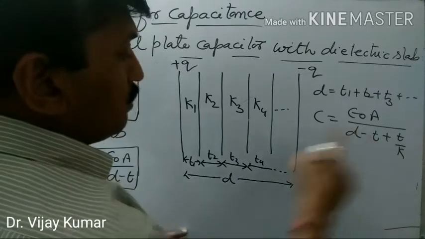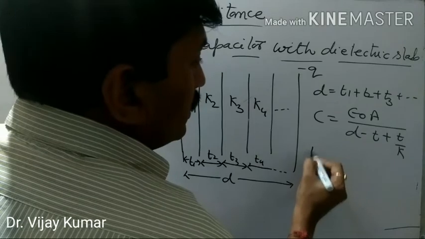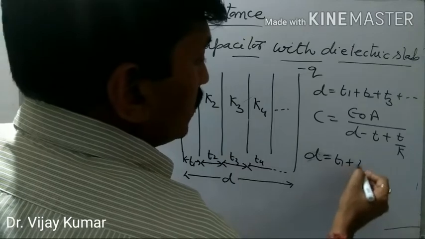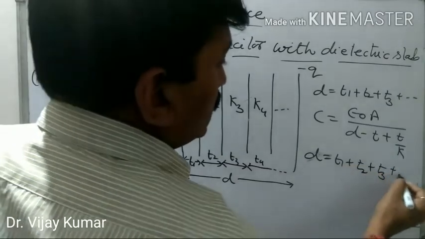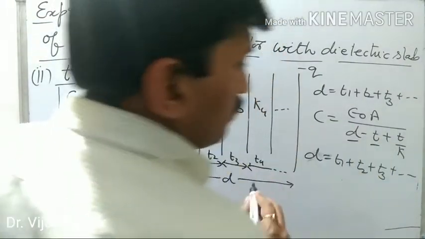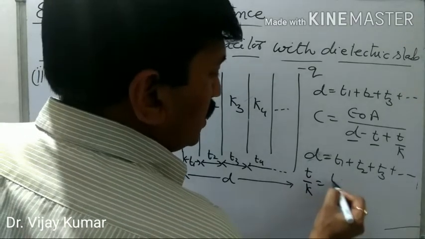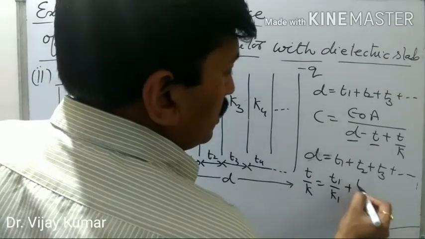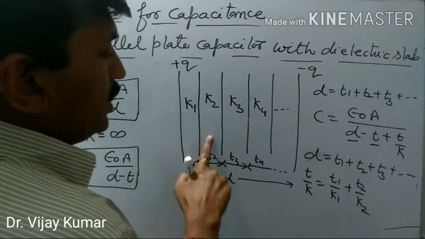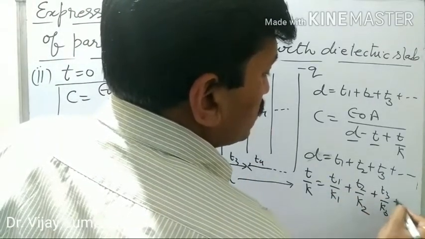Here, T becomes T1 plus T2 plus T3 and so on, equal to D, so D minus T becomes 0, and T upon K becomes T1 upon K1 plus T2 upon K2 plus T3 upon K3, and so on.